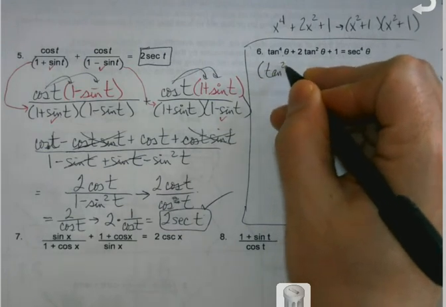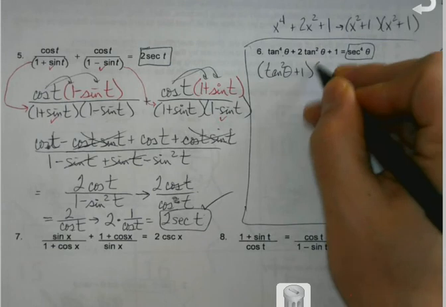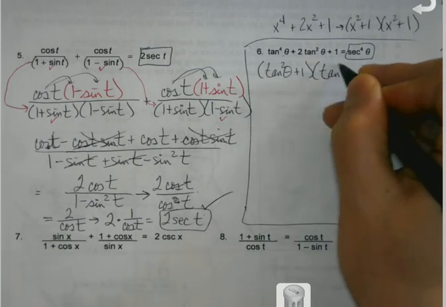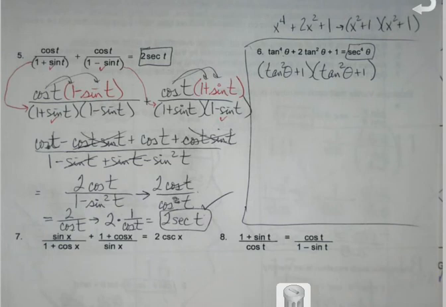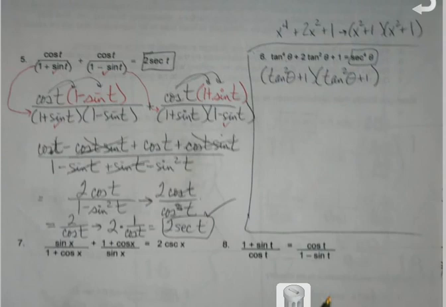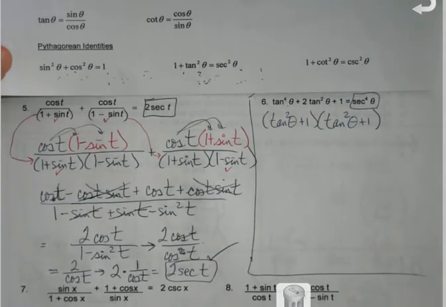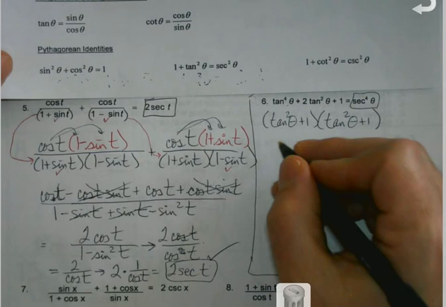Tangent squared plus 1. Tangent squared plus 1. I've seen that somewhere before. 1 plus tangent squared is secant squared.